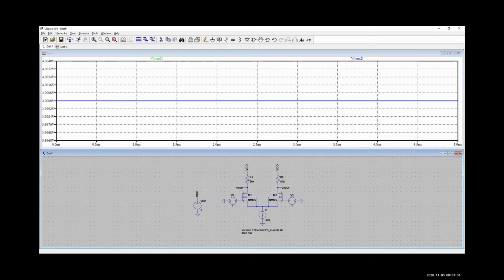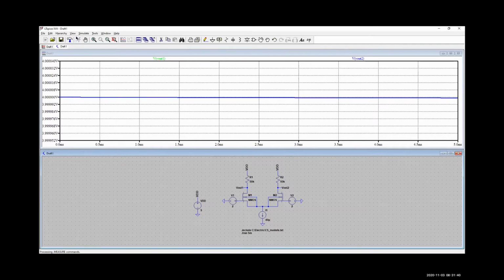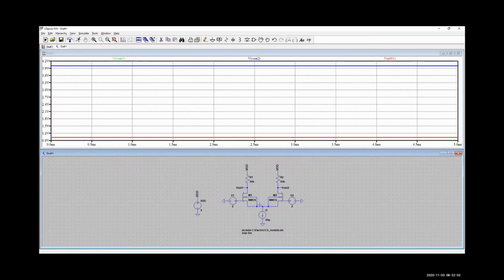So if both sides of our circuit are identical, exactly half of our bias current is going to flow through each one. If we change this guy to 2 volts and 2 volts, again, they're both sitting at exactly 4 volts. We're running into a little bit of decrease in the current or in the voltage for some reason. So I'm not sure why that's varying with time, other than we might be pushing on the edge of triode or something like that.